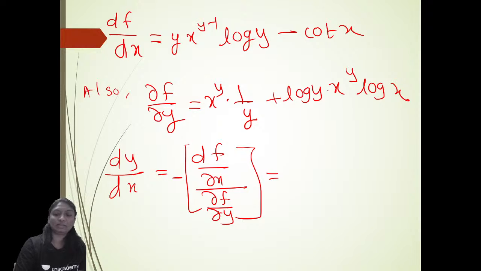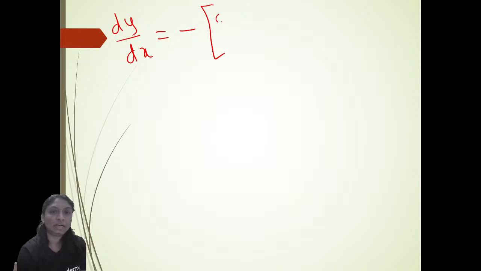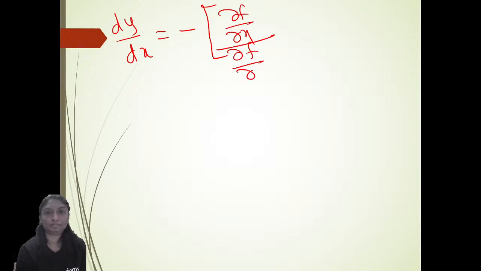So dy by dx is equal to minus of del f by del x upon del f by del y. Just put all the values.